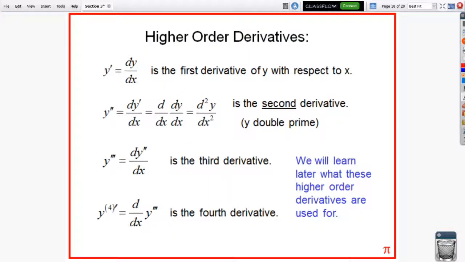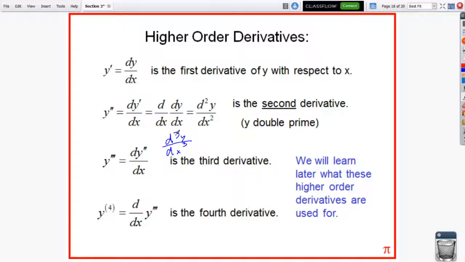That's not the way that I like to write out higher order derivatives. I like to write them out like this. d2y over dx2. The third derivative would be written as d cubed y over dx cubed. You don't really read them as d cubed y over dx cubed. I just do that so that I can read it as I'm writing it.